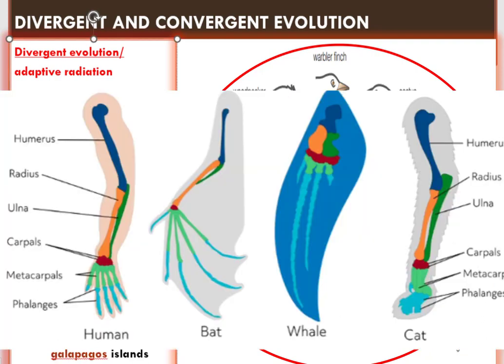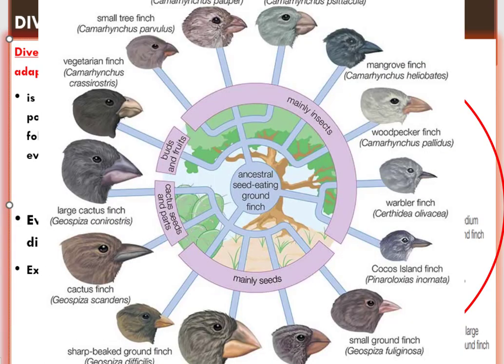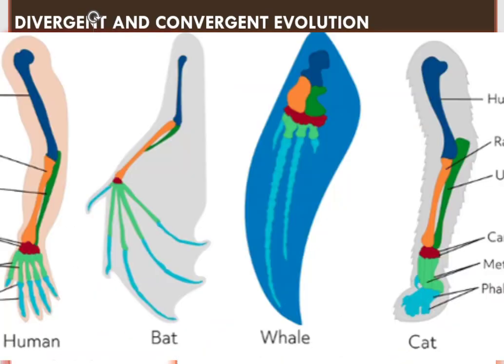For example, pentadactyl limbs of mammals and finches on the Galapagos Islands happen due to divergent evolution. When we see pentadactyl limbs of mammals through divergent evolution, organisms may develop homologous structures. These are anatomically similar structures which are present in the common ancestor and persist within the divergent organisms, although these structures have different functions.